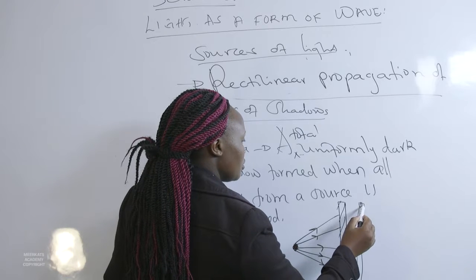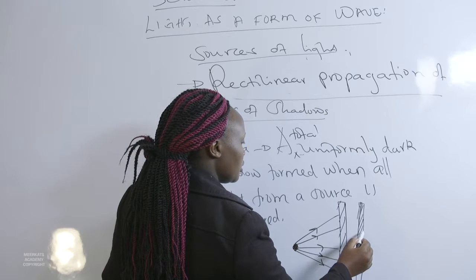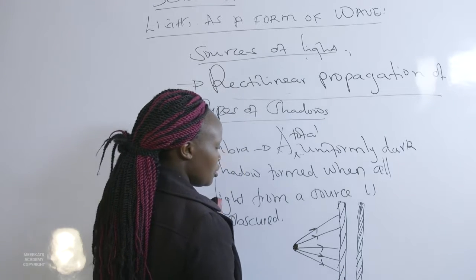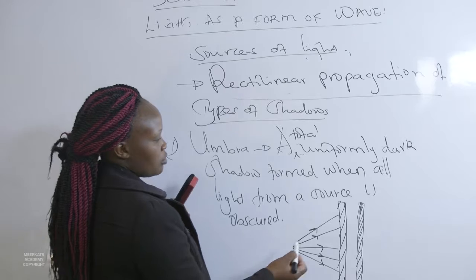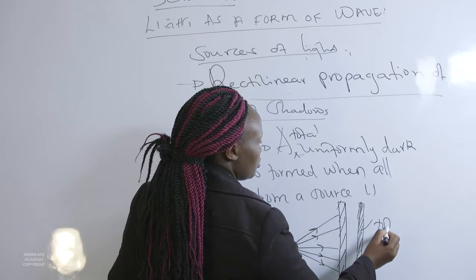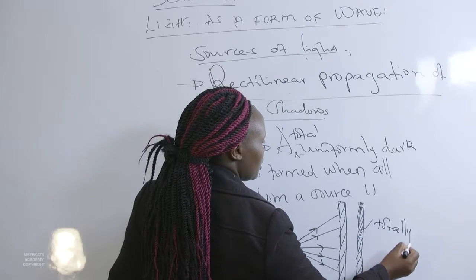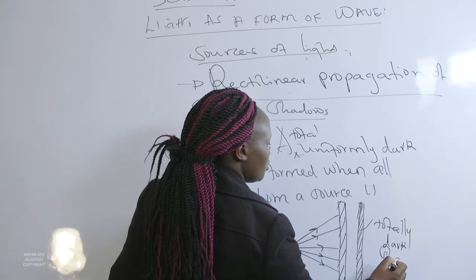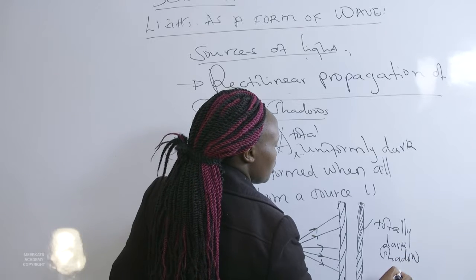Again, this shadow is going to be totally dark, and it's going to resemble the shape of your obstacle. So this one is a total or totally dark shadow, or what we call the Umbra.